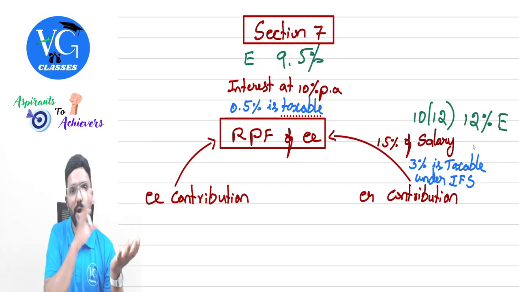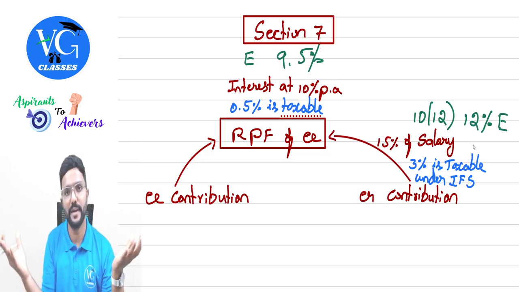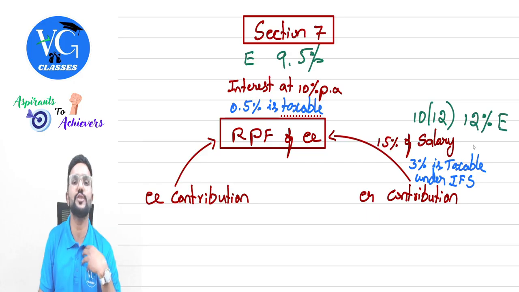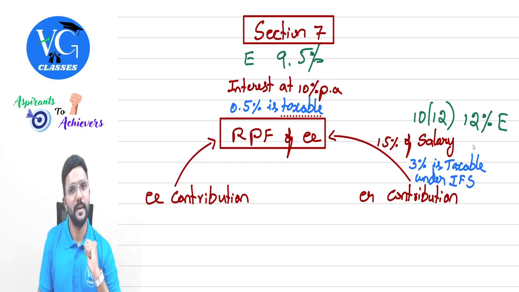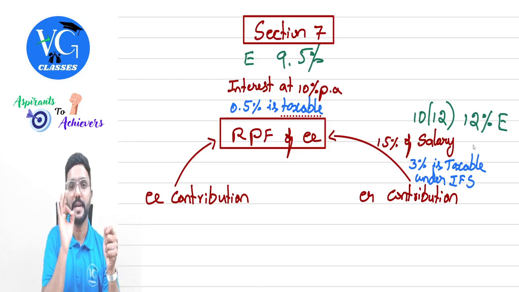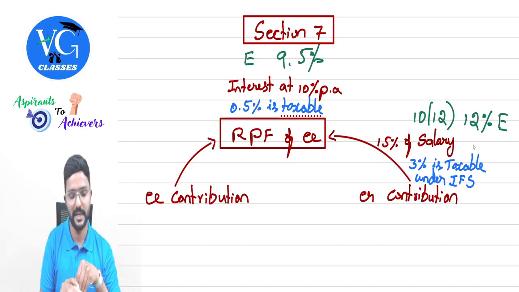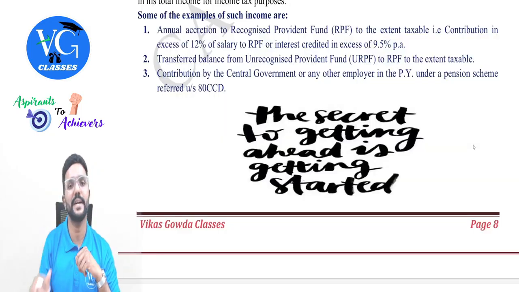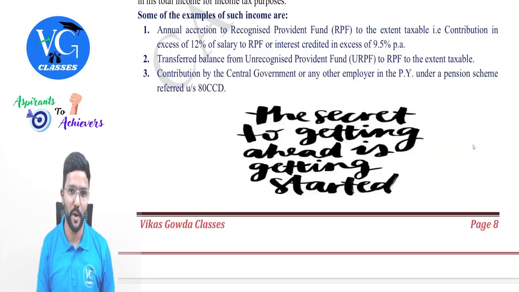In such a case, whatever money is transferred from the unrecognized provident fund to the recognized provident fund will be taxable in the hands of the employee in the year in which it is transferred. Because in the future, when the money is withdrawn from the recognized provident fund, it will be fully exempt, guys, provided at least 5 years of continuous service is rendered by the employee.